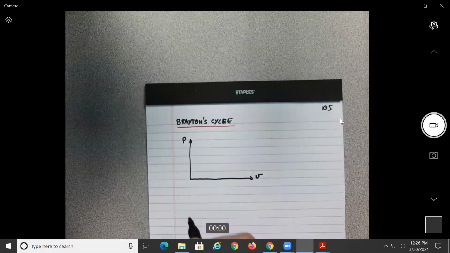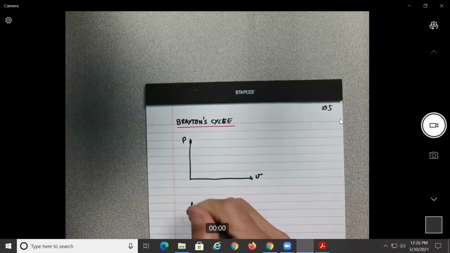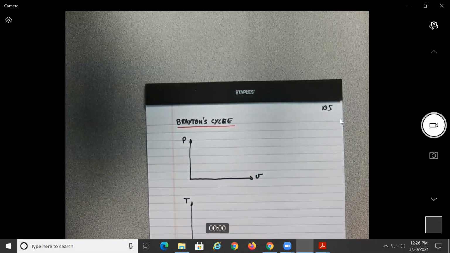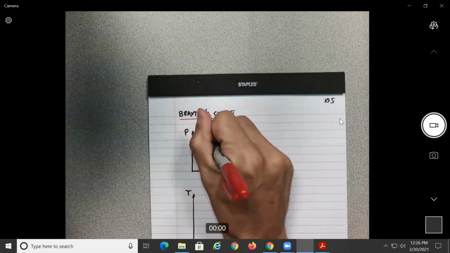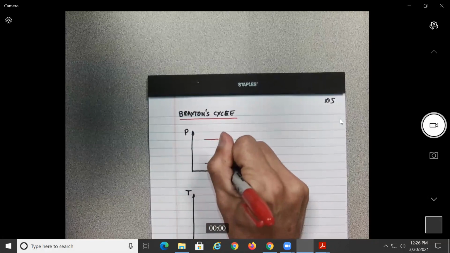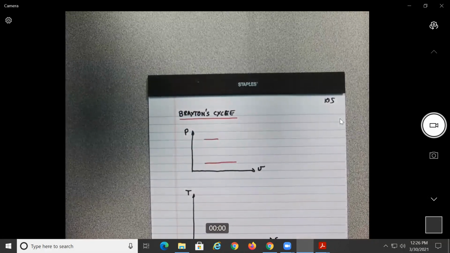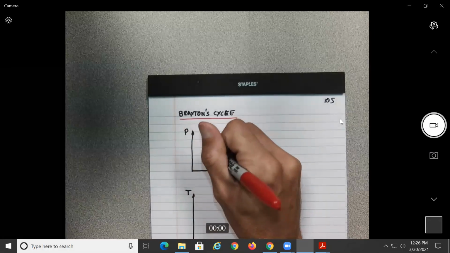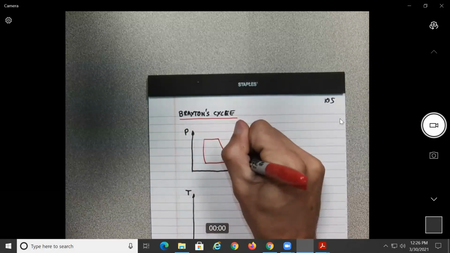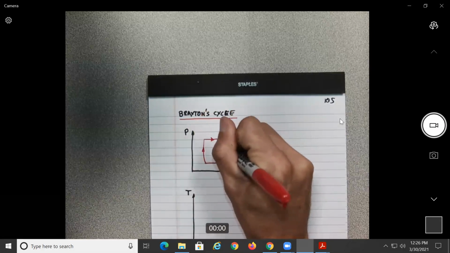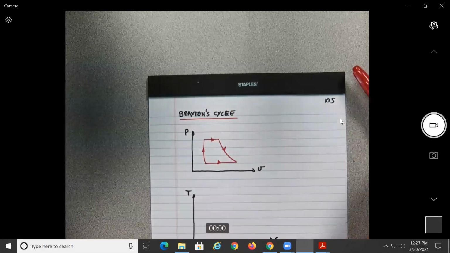If you do a PV diagram, or let's say a TS diagram, a Brayton cycle will operate between two different pressures. So we'll have something like this.